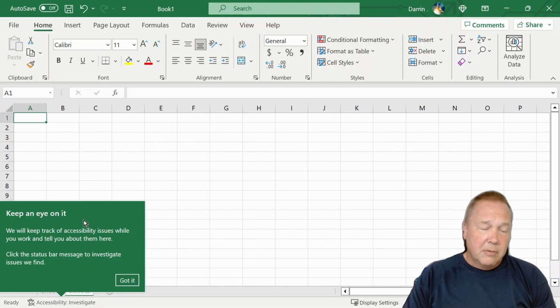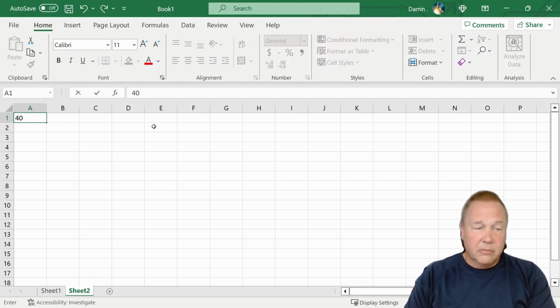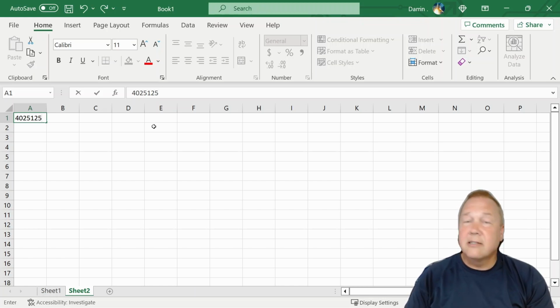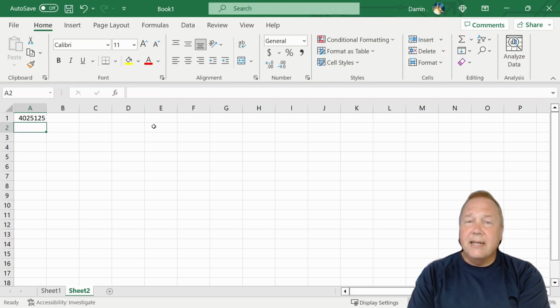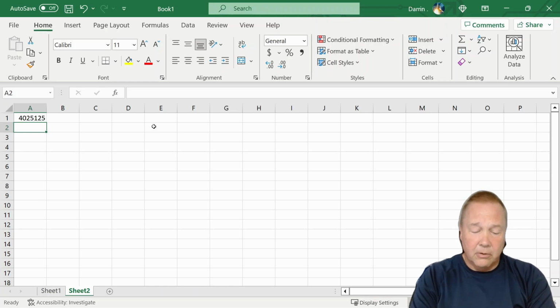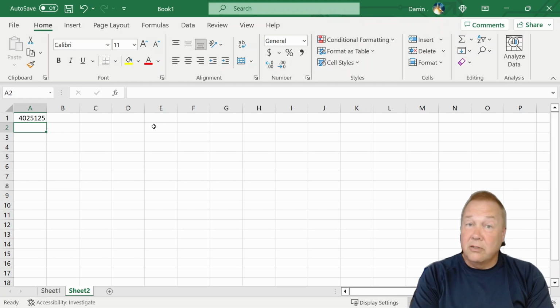So let's come up with an example here. Let's do 4,025,125 seconds. Okay, that's a lot of time, right? I don't know exactly what that is in days, hours, minutes, and seconds, but let's figure this out. The first thing we want to do, obviously, is divide this out.